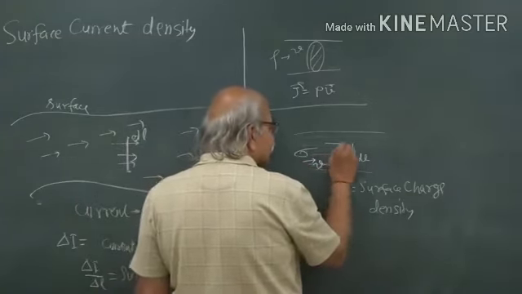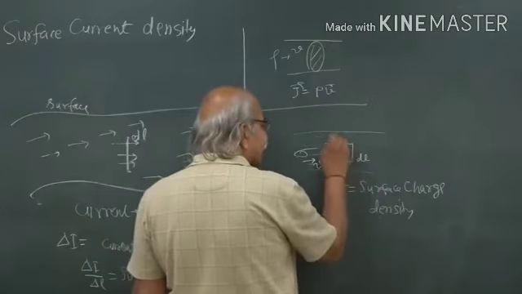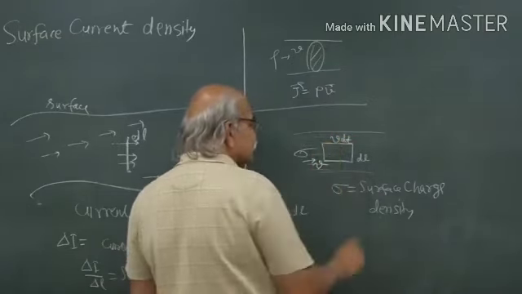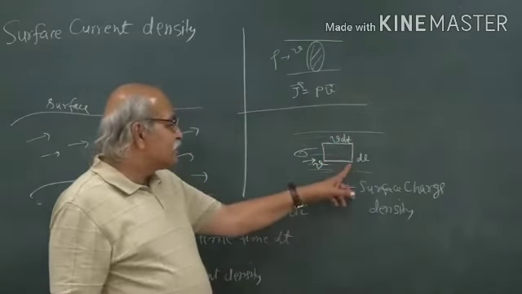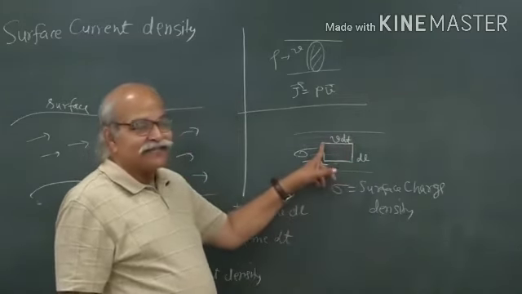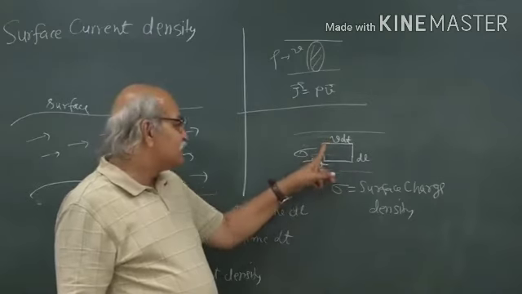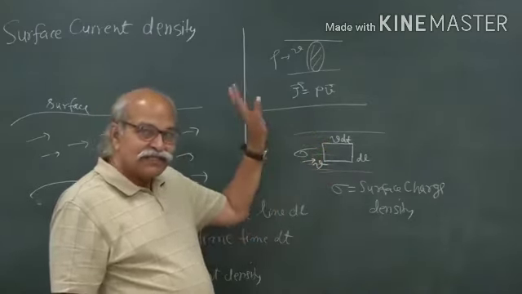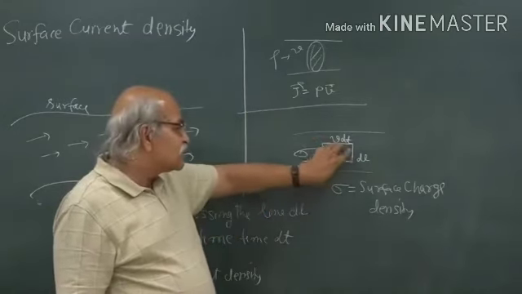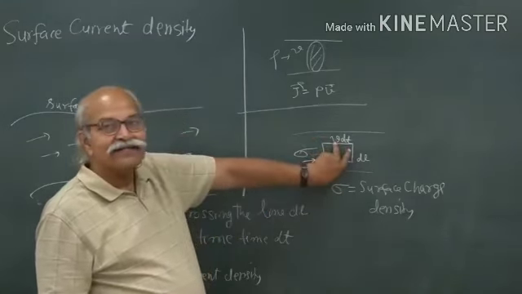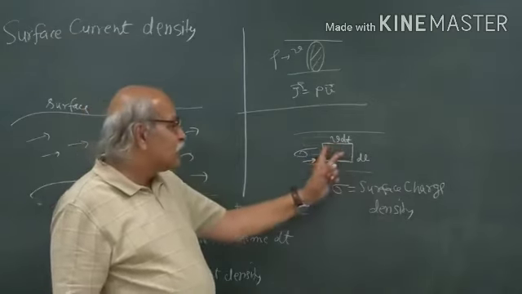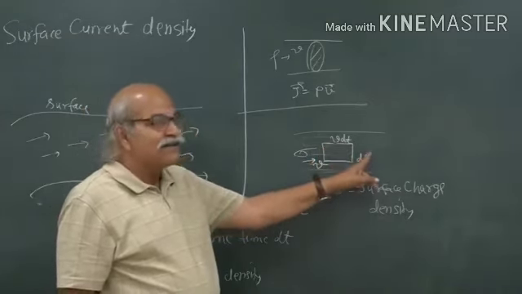Once again, if I take this rectangle now, dl is the width and v dt is the length, where v is the velocity with which the charges are moving. Similar analysis: whatever charge is in this rectangle at some time t, in the next time dt, this entire charge will cross this dl.